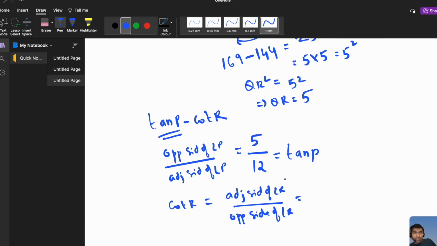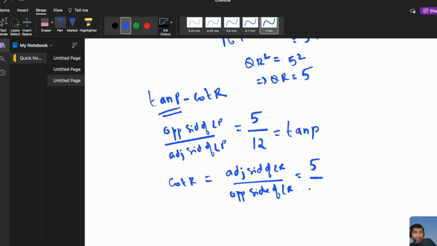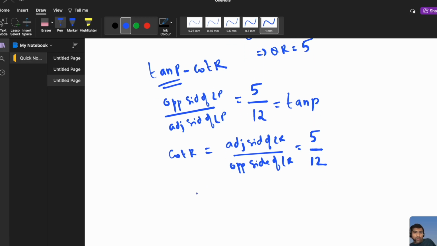This is 5, by the opposite side of R, which is 12. So what do we get by tan P minus cot R? That is nothing but 5 by 12 minus 5 by 12. What do we get? 0.